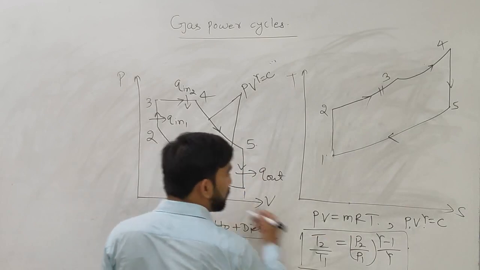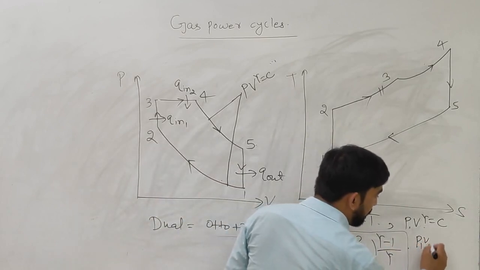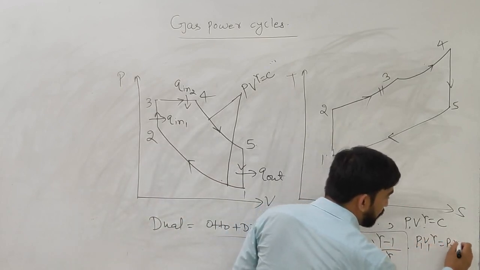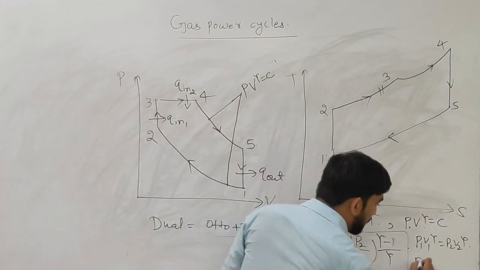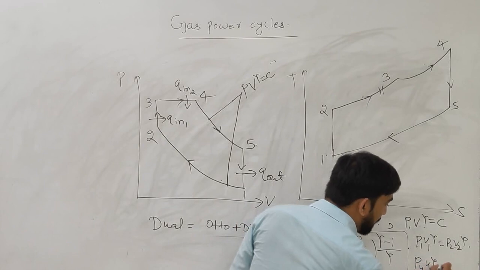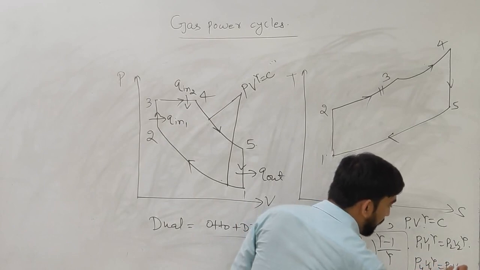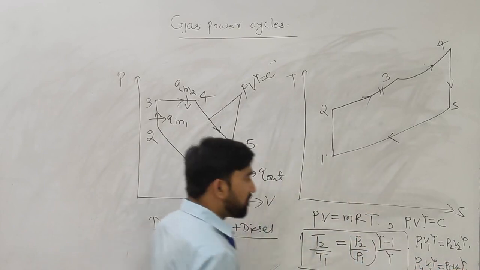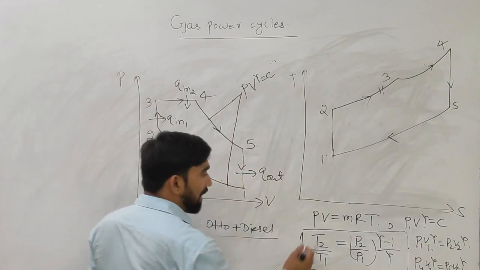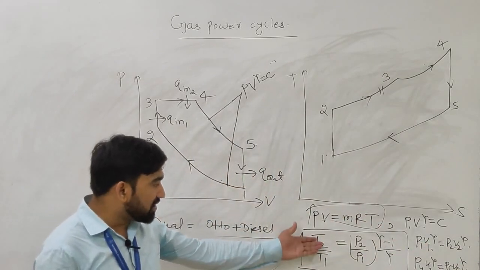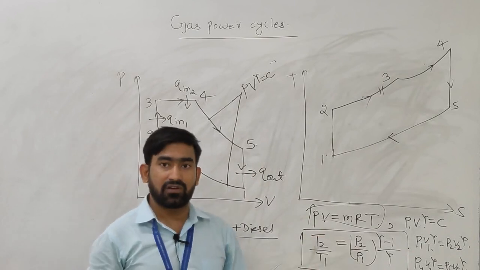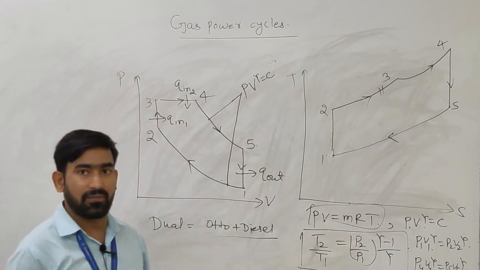Here it is 1 to 2, so P1 V1 power gamma equals P2 V2 power gamma, and for 4 to 5, P4 V4 power gamma equals P5 V5 power gamma. With the help of these two equations and PV equal to mRT, we can derive T2 by T1 equals P2 by P1 to the power gamma minus 1 upon gamma.